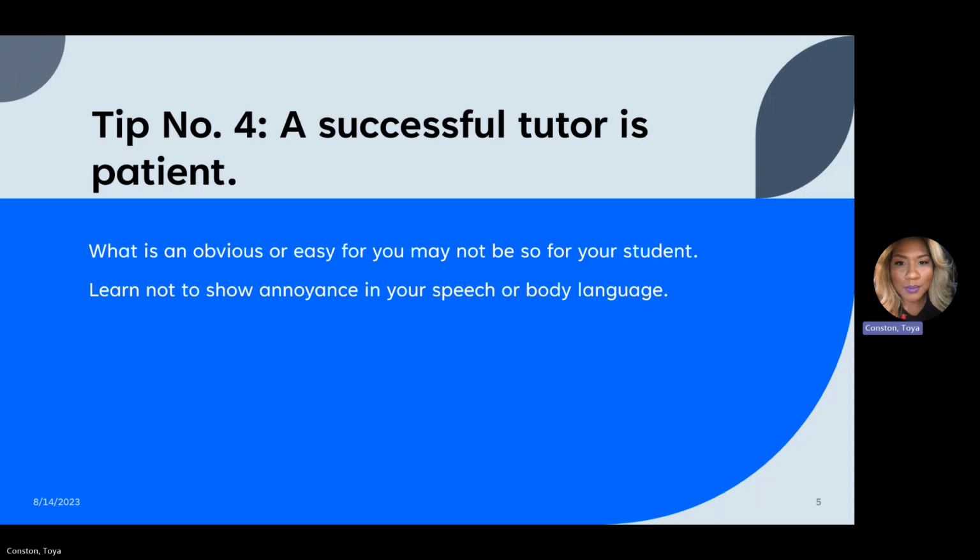If you are new to tutoring, be cognizant of how you're expressing these types of emotions if you're experiencing them in your sessions. It's okay to say that you're trying to improve your patience, but you do not want to express annoyance in your speech or body language while in the presence of your student learner.